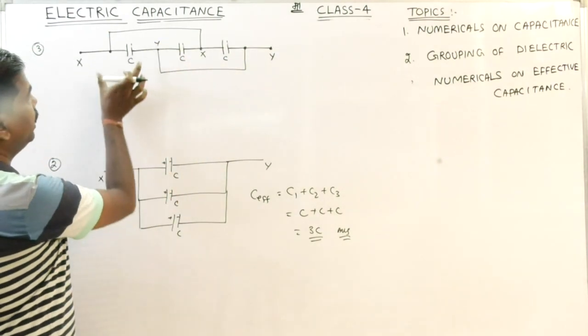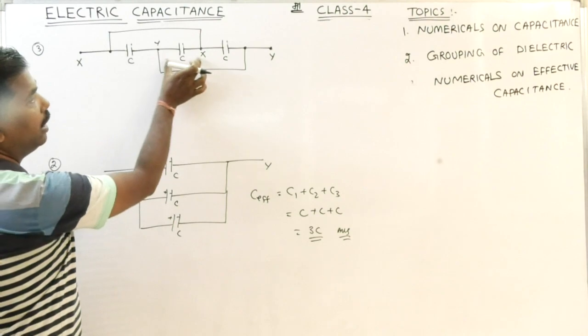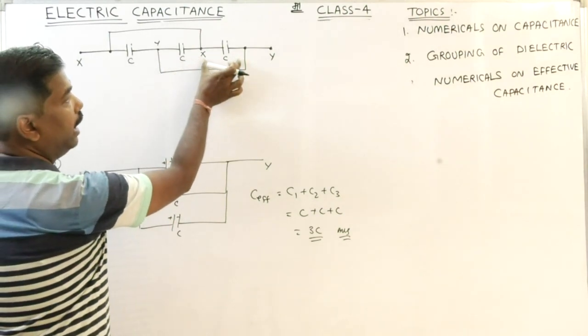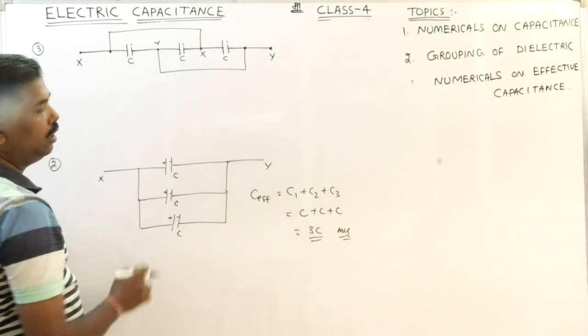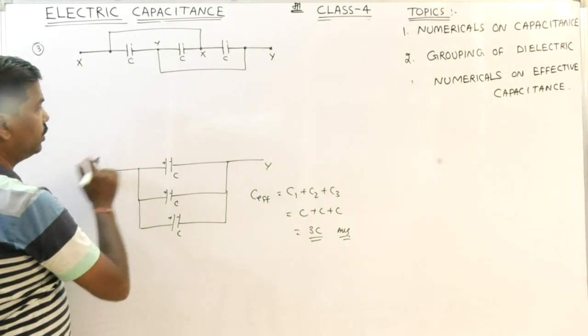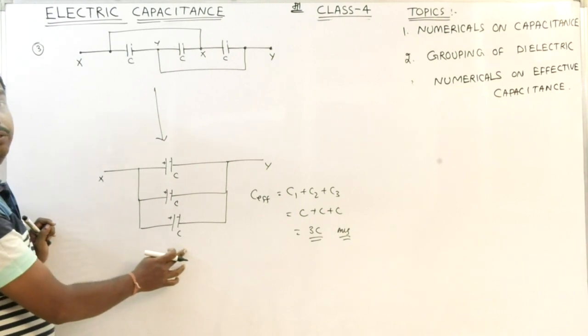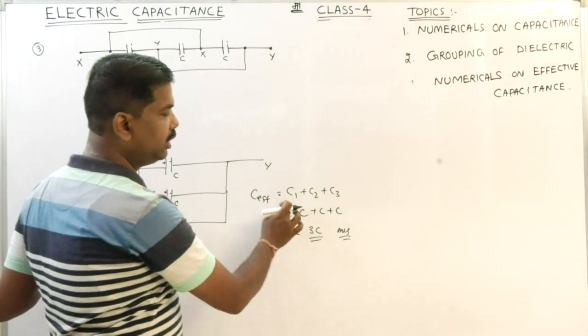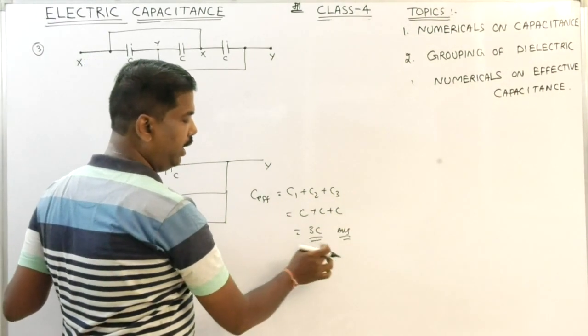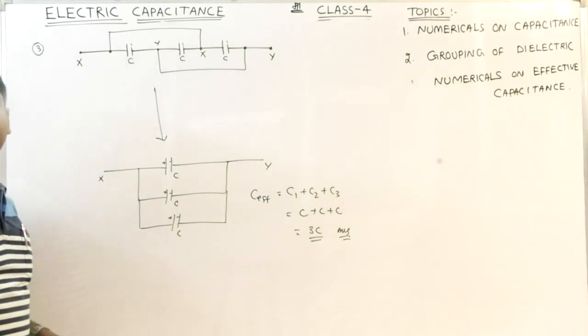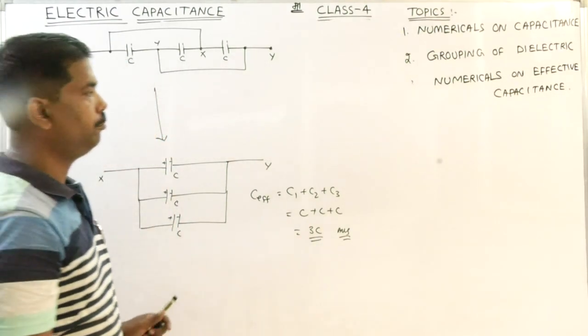So in xy there is a capacitor, in xy there is another capacitor, in xy there is again a capacitor. So such a combination is analogous to a parallel combination. So effective capacitance is found to be C1 plus C2 plus C3, again 3C. Clear? Next.